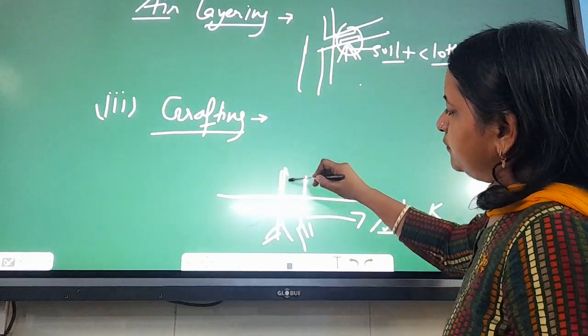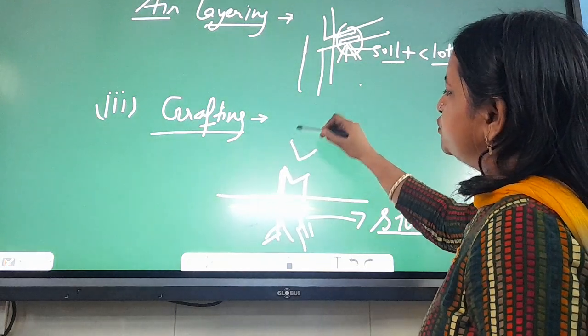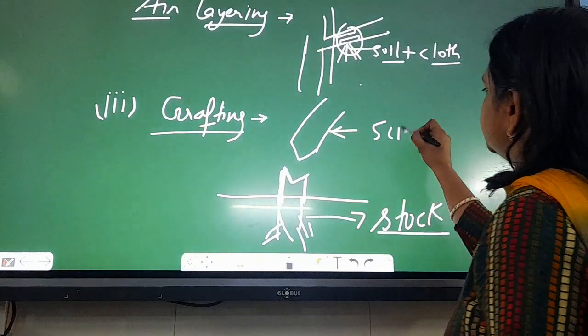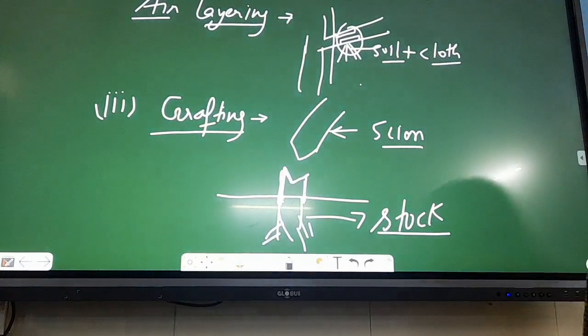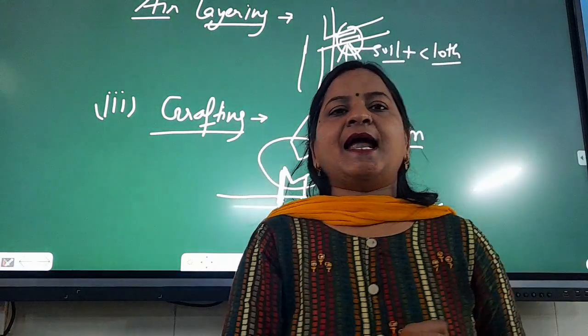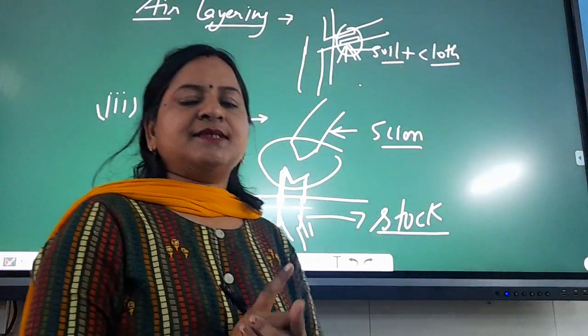in the stock portion, we make some shape like a wedge shape. And the other plant we use is the upper part, the stem portion. This is called the scion. After that, they are fixed with each other, and after a few days, they merge with each other and make a single plant.